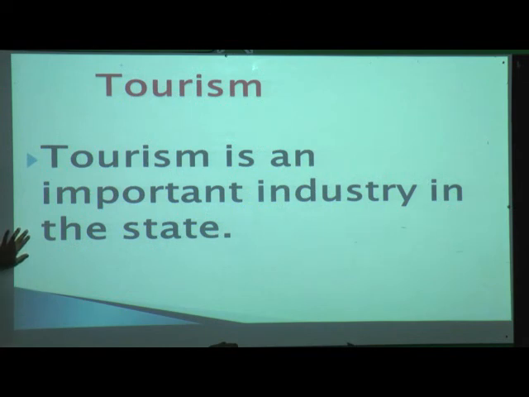So many people visit to see all the things. Monuments are there, forts are there. So the people who know the history guide those visitors. So this is an important industry, tourism. Guides.